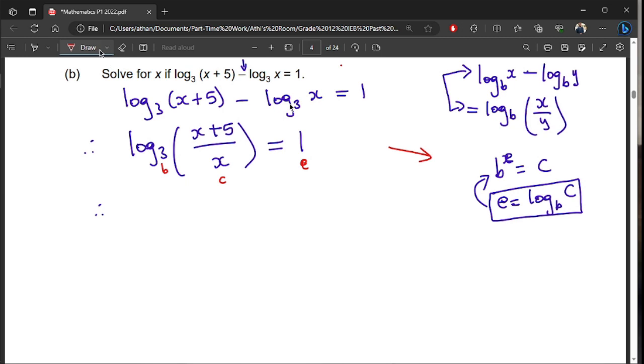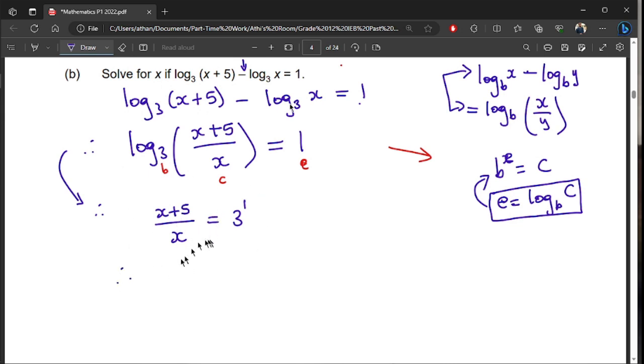Then let's write this using that method. Our constant c, which is x plus 5 divided by x, is equal to b, which is 3, to the exponent e, which is 1. I was able to move from that form to this one, and this makes it easier now for me to solve for x.